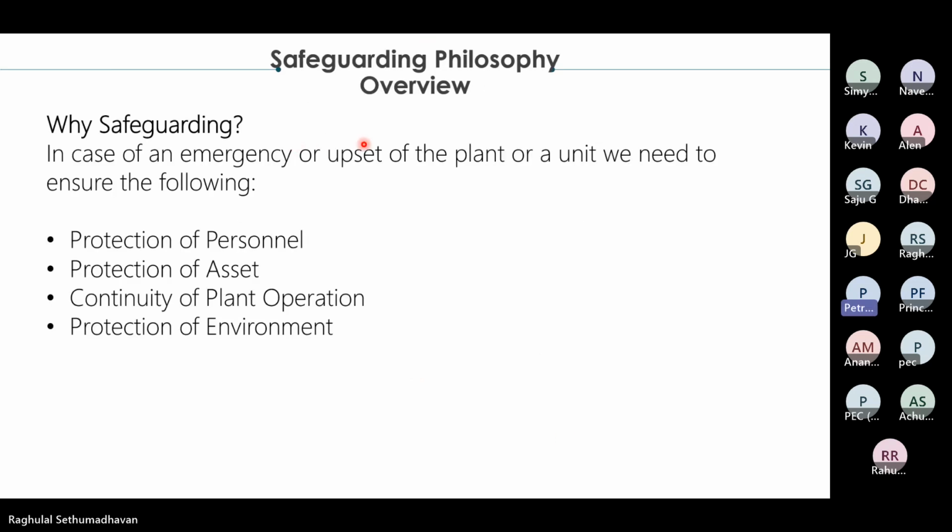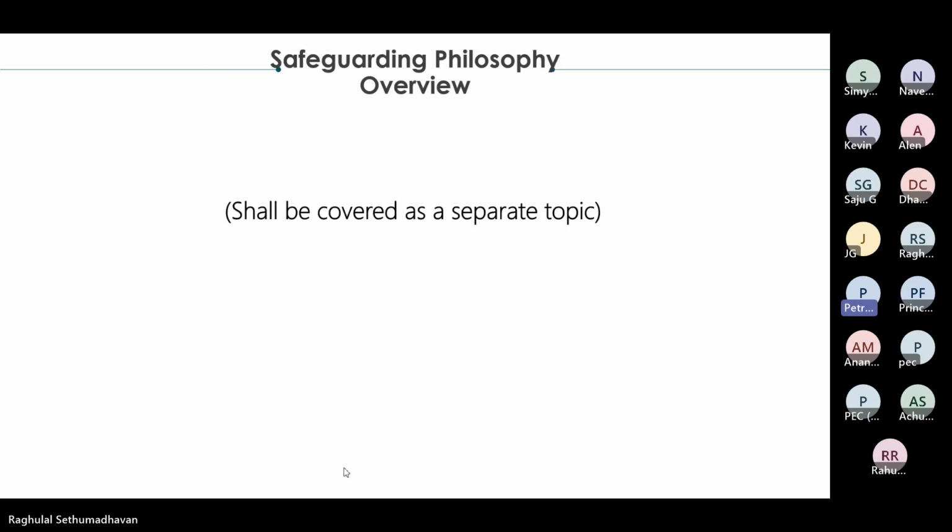Then there is safeguarding philosophy. Similarly, safeguarding philosophy is an important philosophy. In case of an emergency, say the plant is in upset condition, we need to ensure protection of personnel, assets, plant operation, and environment. That's why we require a safeguarding philosophy. This also I'm not covering in this topic.